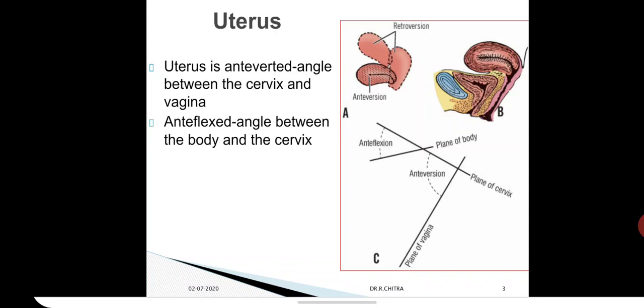This is called flexion of the uterus. That is version, this is flexion. Flexion of the uterus takes place around a transverse axis passing through the internal os. Okay, so this is anteflexion and we have completed anteversion.